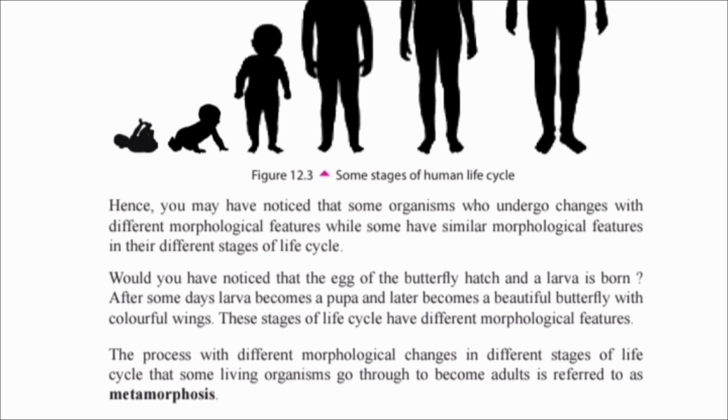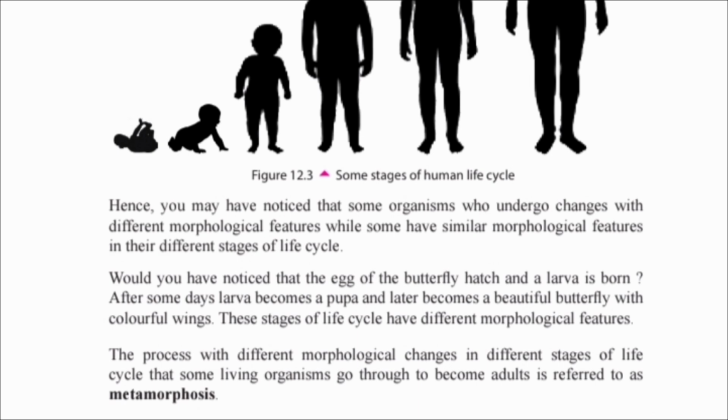So you have noticed some organisms undergo changes with different morphological features, but some have similar morphological features in their stages of life cycle. The egg of the butterfly hatches and the larva is born. After some days, the larva becomes a pupa and later becomes a beautiful butterfly.